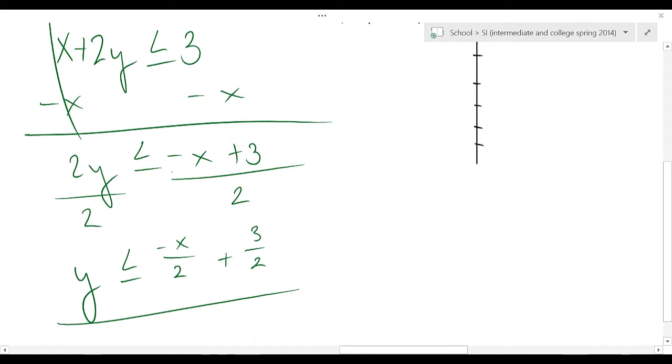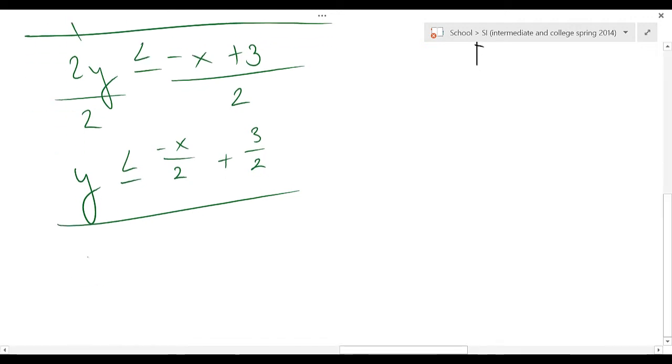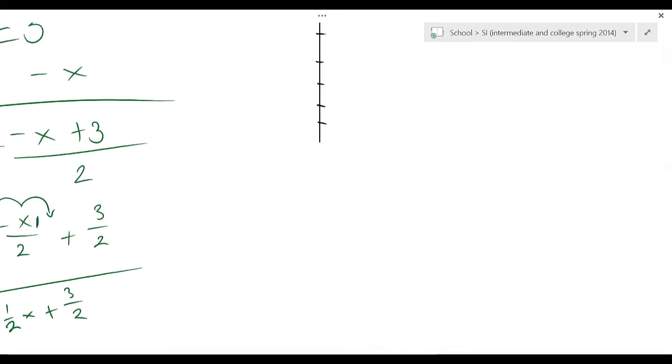It's negative x over 2, which can be written, let's go ahead and rewrite this one: y less than or equal to negative 1/2 x plus 3 over 2, because there's an imaginary 1 right here. 1x, you guys know. So negative 1/2 x. The slope is negative 1/2.